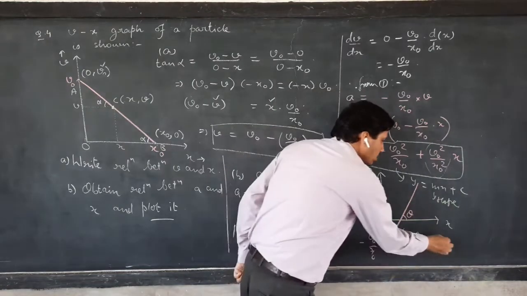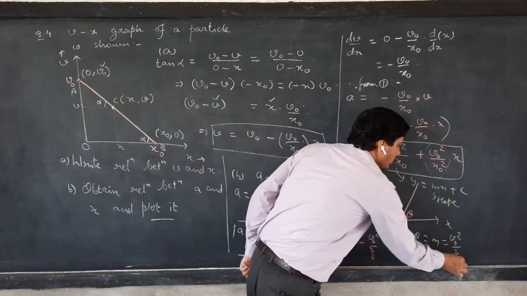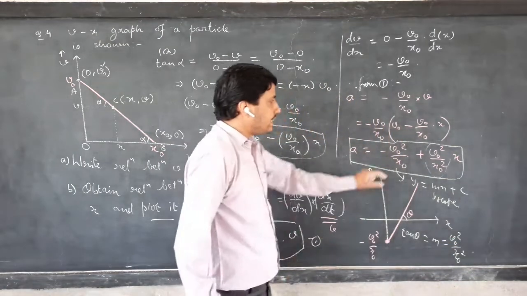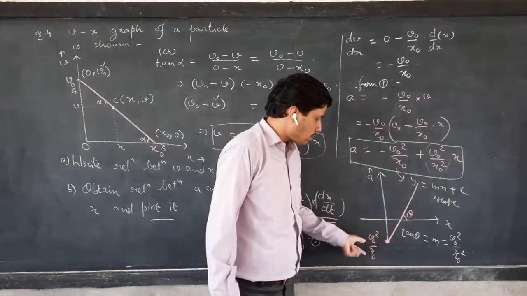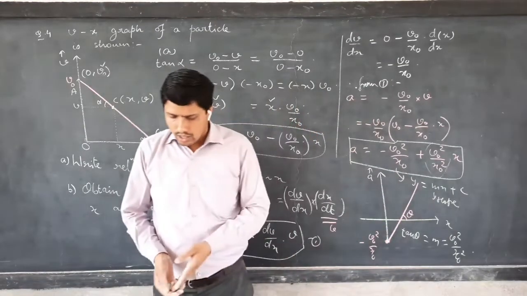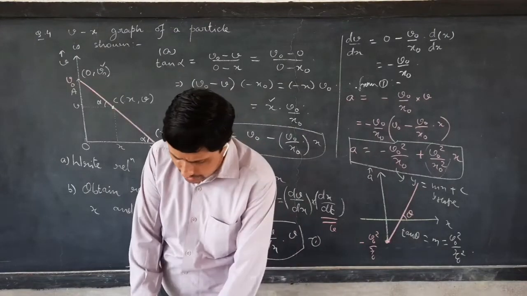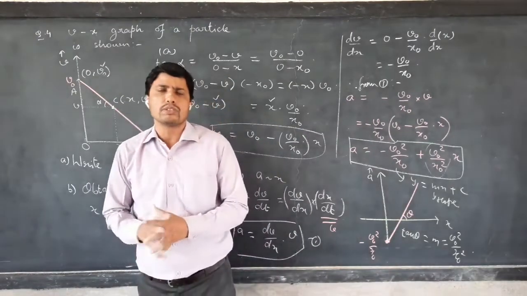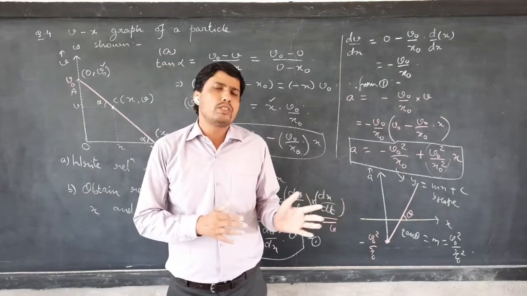So we can write tan theta is equal to m, and that is equal to v naught square upon x naught square. And c is this intercept, so this is minus v naught square by x naught, as I have represented here. So you need to have some preliminary ideas regarding the equations of a straight line, linear equations. That is expected. Only then these things will be very clear to you.